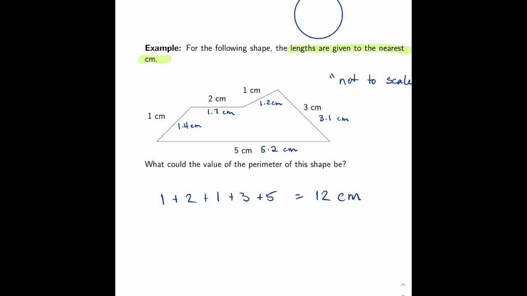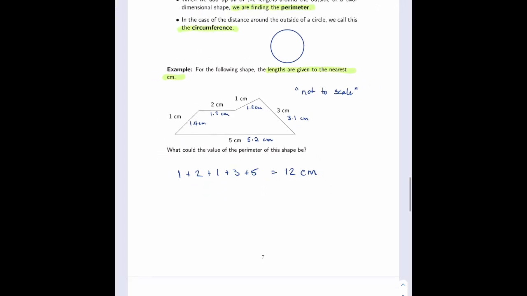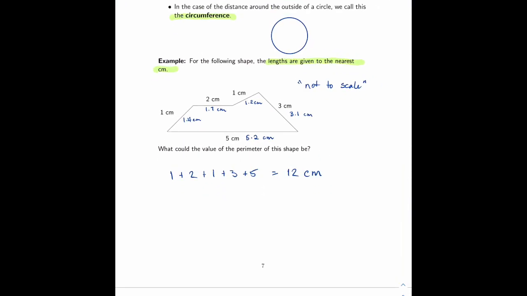Those are certainly all measurements that could lead to a diagram being labeled with these kinds of values, the 1, 2, 1, 3, 5, especially in elementary school.